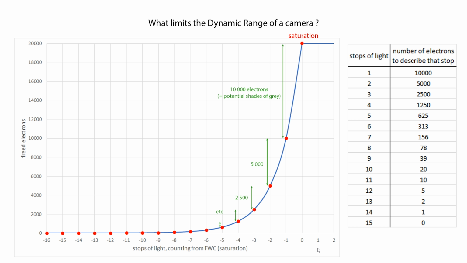because each new stop of light basically halves the amount of potential shades of gray, you can define the analog dynamic range by how many times you can divide the number of electrons by 2 before reaching number 1.